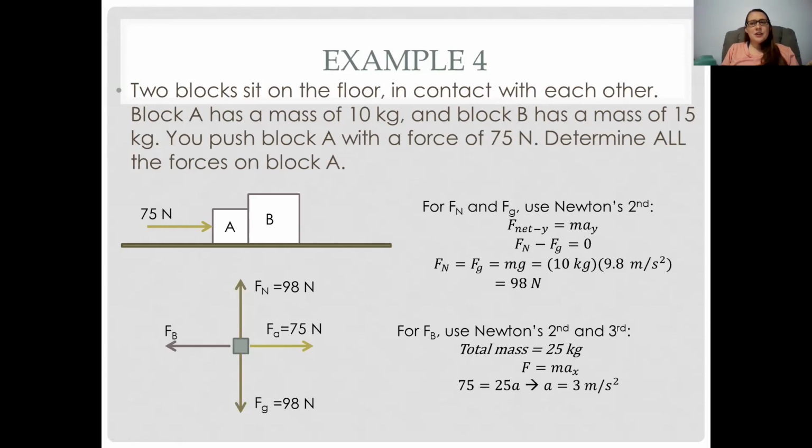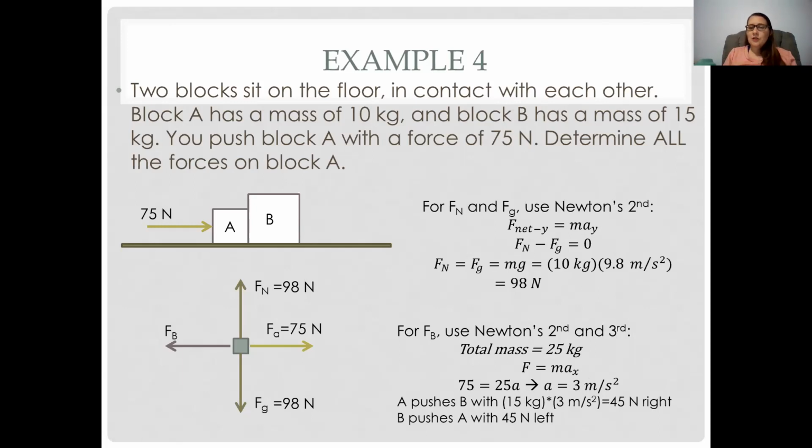Now, that doesn't actually answer our question necessarily, because that doesn't tell us the force of block B on block A. But we know that block B has a mass of 15 kilograms, and it's moving at that same acceleration, again, because it's not letting block A phase through it and it's not being propelled outward.